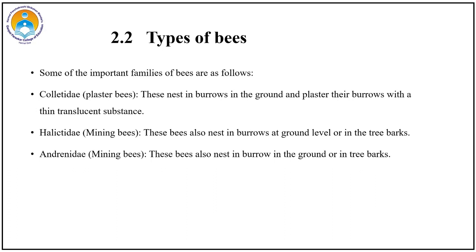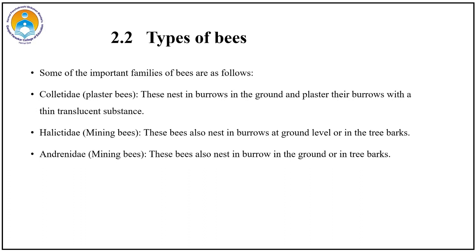Some of the important families of bees are as follows. The first one is Colletidae, which are known as plasterer bees. These nest in burrows in the ground and plaster their burrows with a thin translucent substance.